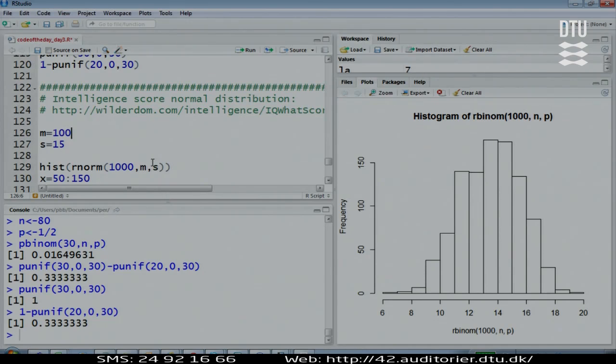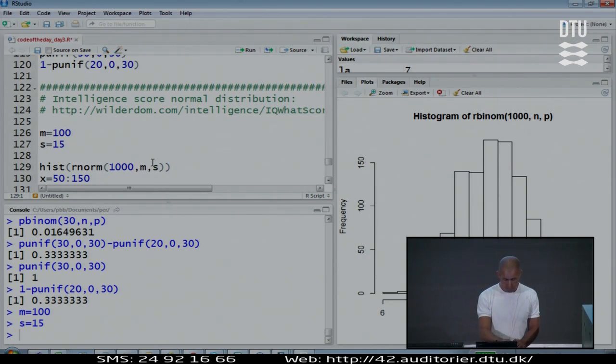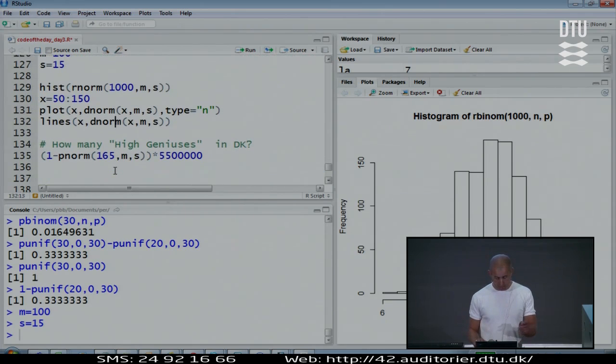We go for a mean of 100, a standard deviation of 15. We could plot them. I skipped the plotting. I'll share this with you when I get to my office. Let's try this one. How many do we have to the right of 165 with a mean of 100 and a standard deviation of 15?